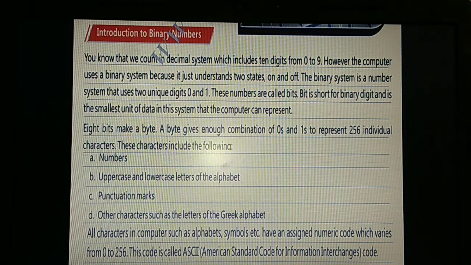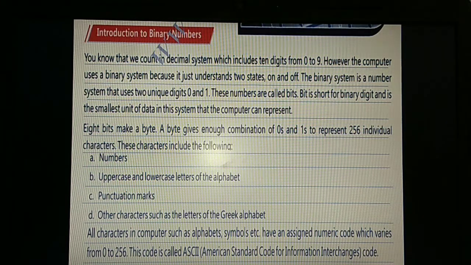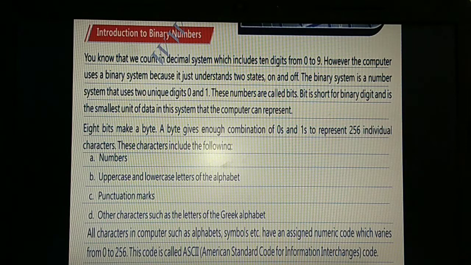Then I also told you what is a bit and what is a byte. A bit means a number consisting of only 0 and 1. A byte means a number consisting of 8 bits.